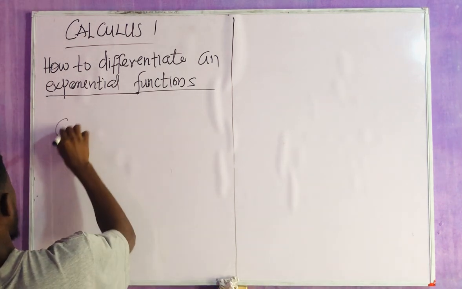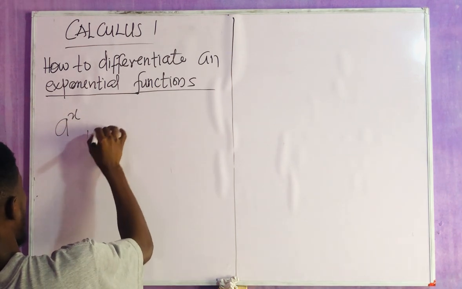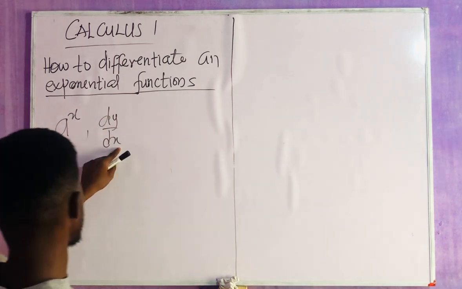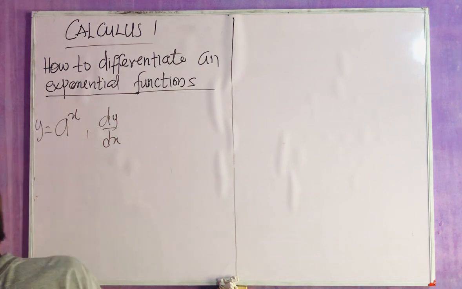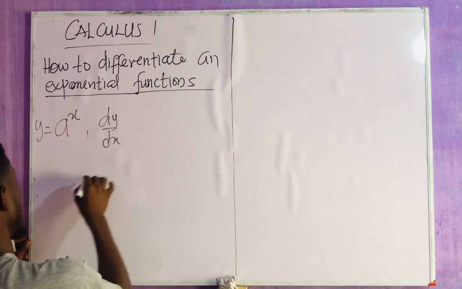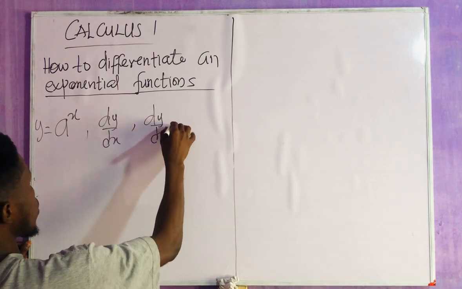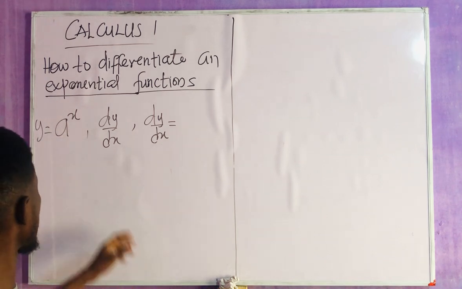So if I have a to the power x and I'm asked to find dy dx, meaning that I'm going to differentiate with respect to what? x. Let's say y is equal to that. Then my dy dx will give me this. Now let's look at how we go about this one.